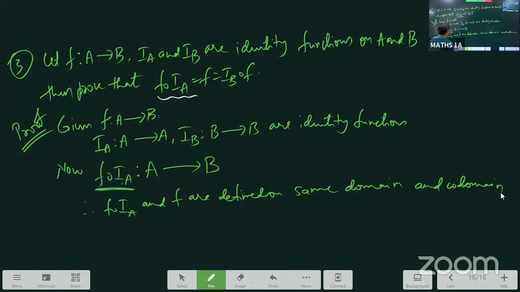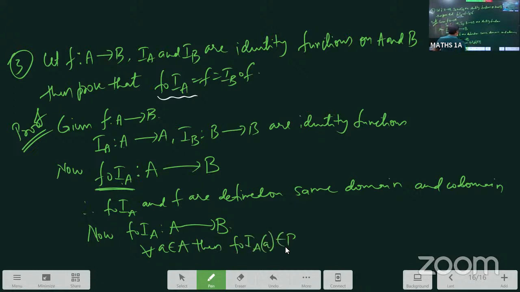Okay. Now let us see. f circle Ia is mapping from A to B. Therefore, for every a belongs to A, f circle Ia of a belongs to B. Let us prove that part now.